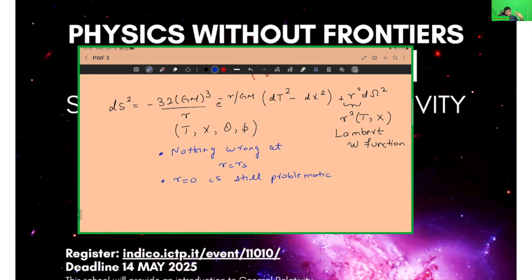I did one coordinate transformation, but it can be shown that this particular singularity cannot be got rid of using a coordinate transformation. This suggests that r equals 0 is a physical singularity. And there are other arguments to show that it is a physical singularity. For example, if you calculate the distance between r equals 2GM and r equals 0, you get infinity, right? So r equals 0 is a physical singularity.